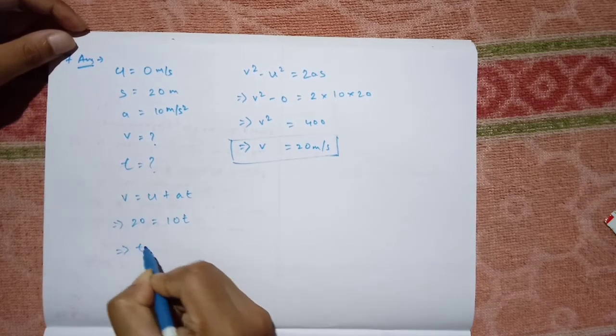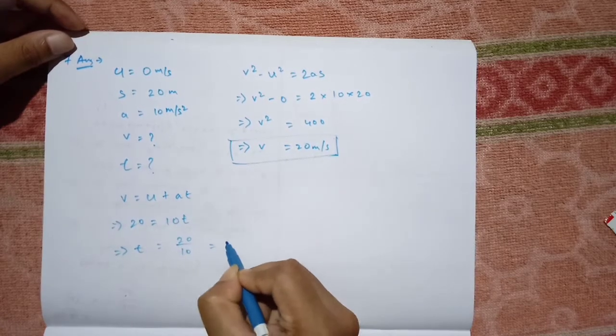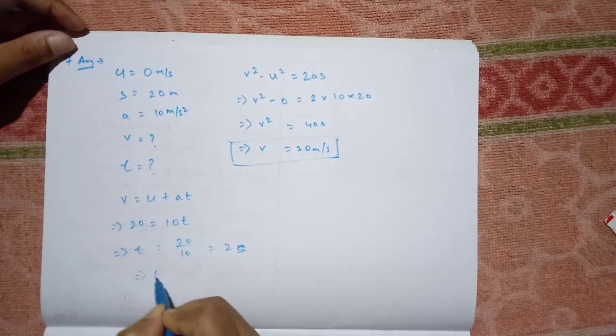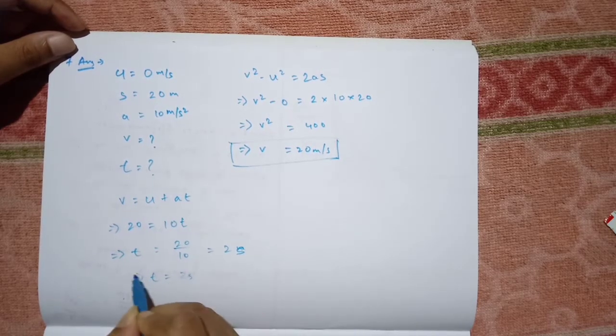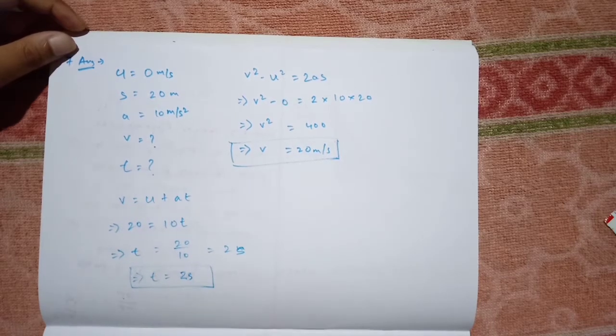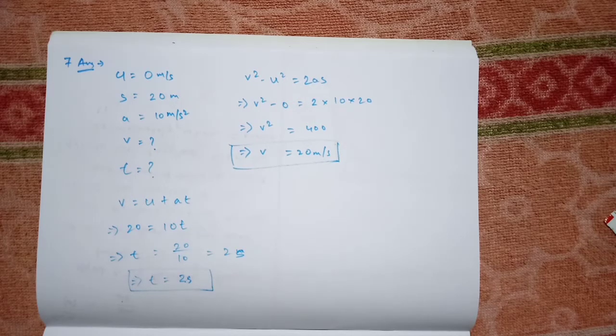So now t will be equal to 20 by 10, which is equal to 2 seconds. So this is the second requirement of the question, which asks after what time will it strike the ground. So after 2 seconds the ball will strike the ground.